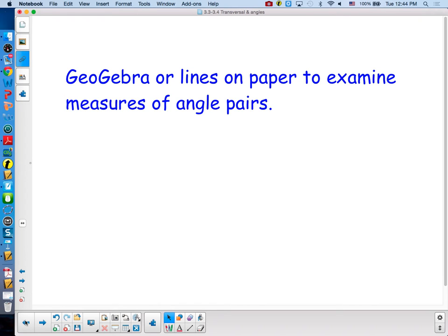Okay, search GeoGebra materials. You're supposed to go to one that was called, what is it called? Parallels. Try parallels. Parallel lines.